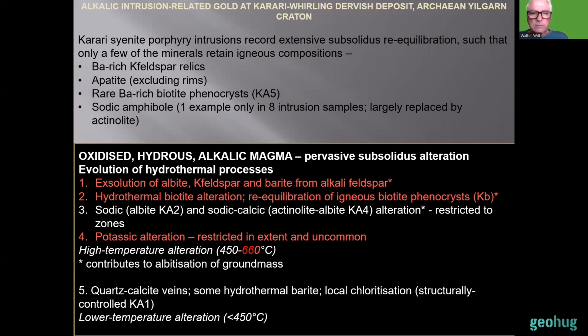All of these alteration events are considered to have taken place in the range 450 to 660 degrees centigrade. Most of the alteration is related to an oxidized fluid, except for the sodic and sodic-calcic alteration, which is regarded as more reduced. Lower temperature alteration, less than 450 degrees, is probably represented by quartz-calcite veins, some hydrothermal biotite, and local chloritization.